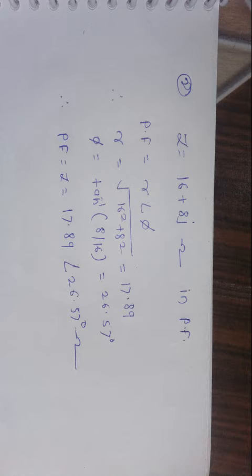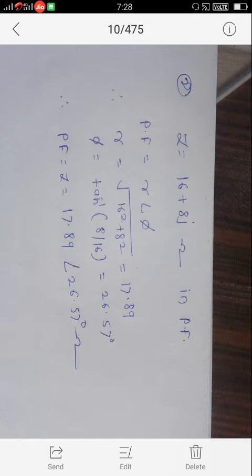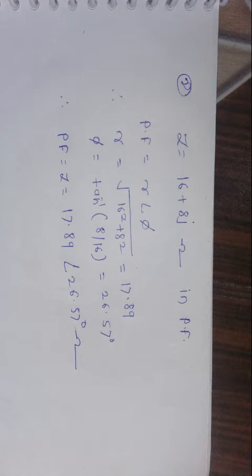The value of R is calculated as under root x square plus y square, that is under root 16 square plus 8 square, that is equal to 17.89, and phi is calculated as tan inverse of y upon x, that is tan inverse of 8 by 16, and that is equal to 26.57.